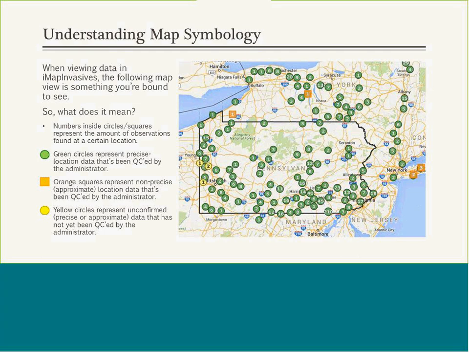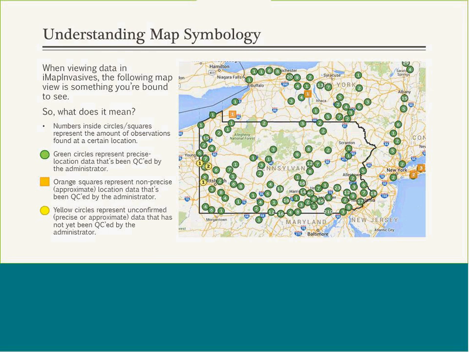So this information was found specifically at this spot. We had GPS coordinates, or we were really able to get close to that location. And this has also been QC'd by the administrator. So this is all information that's good, that we're saying has been reviewed, and it is the species that it's saying that it is.